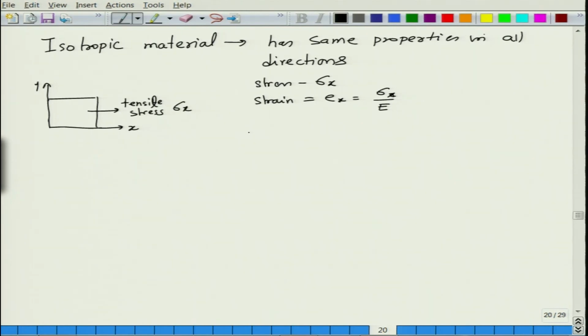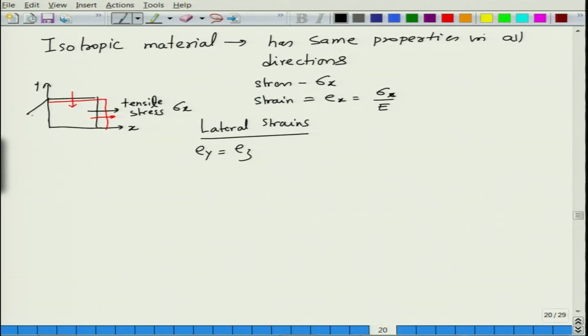All right. Now, if you apply your uniaxial stress, the material will deform, which means you will have strain in this direction, and you will also have lateral strain. Lateral strains will be in y direction as well as in z direction.